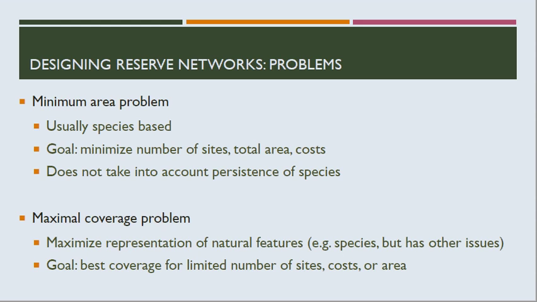So reserve networks, particularly if it's just catering for one particular species in a metapopulation dynamic situation, can be too small basically to maximize the number of species which can persist in them.